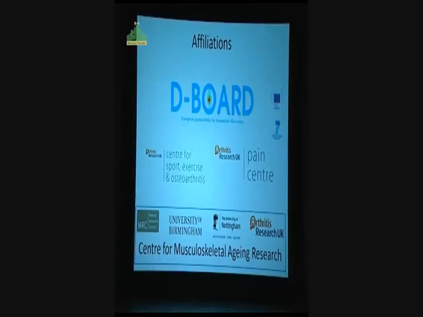We have a centre that focuses on sport, exercise, and the risk factors for osteoarthritis. And the one at the bottom is a joint centre between Nottingham and Birmingham, and this one is exclusively focused on the concept of musculoskeletal aging. In addition, I'm coordinator for D-Board, but I'll tell you about that in a moment.